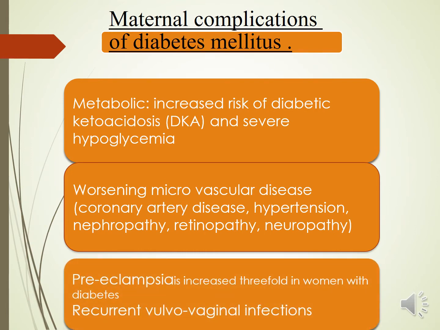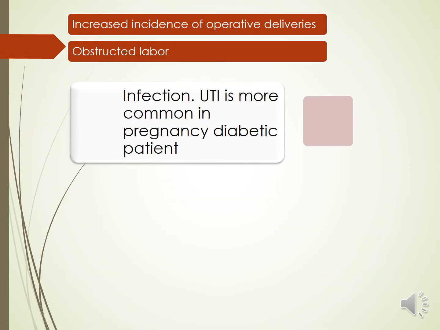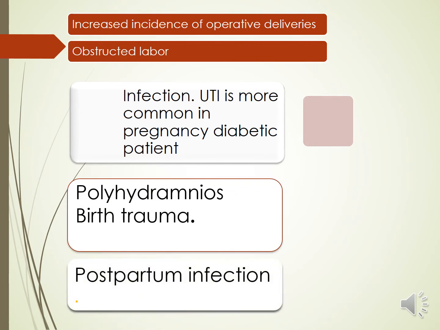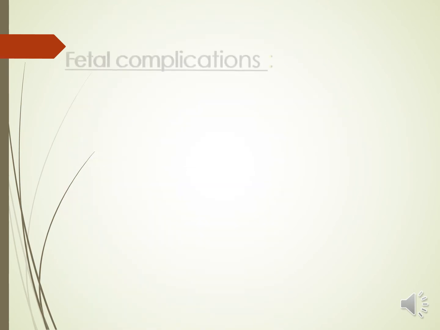Preeclampsia is 3 times more common in diabetic than non-diabetic women. Increased risk of recurrent vulvovaginal infection, operative delivery, obstructed labor, urinary tract infection is more common in diabetic patients, polyhydramnios and birth trauma, and postpartum infection.